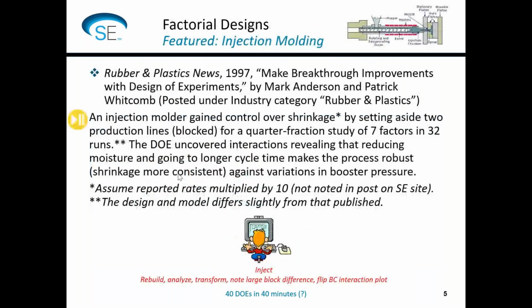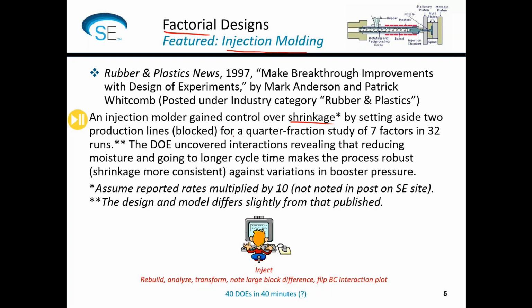So we begin with number one, which is under the category of factorial designs. This one features injection molding, which is a very common application for factorial design because it's easy to make the changes to the different process factors. And there are a lot of issues to contend with, in particular shrinkage.